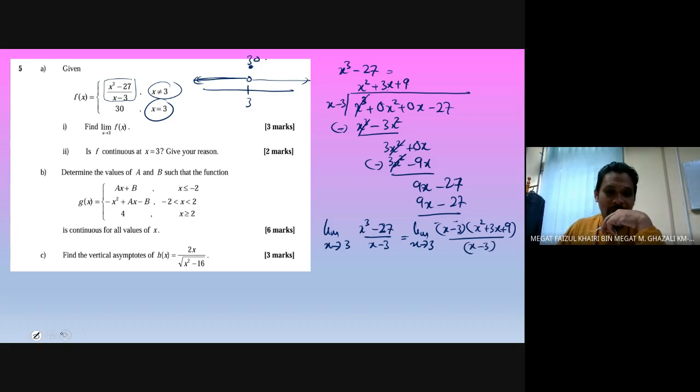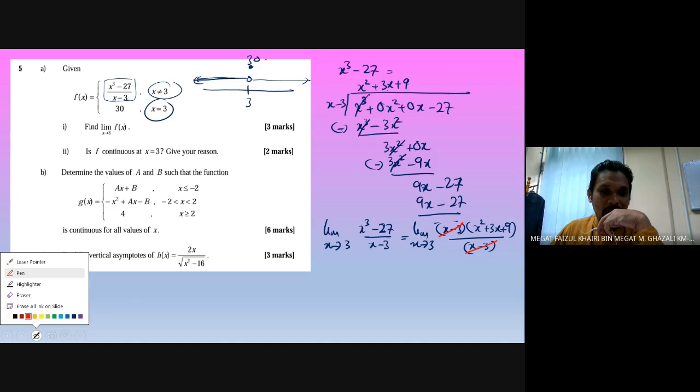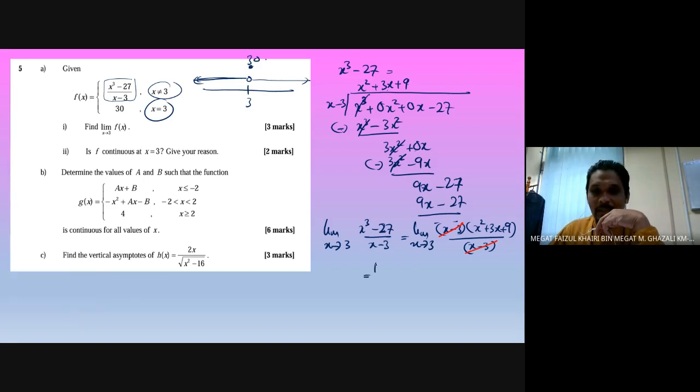Okay, so you can see here now clearly that we can simplify this, and we simplify this as the limit of x approaching 3 of x squared plus 3x plus 9.